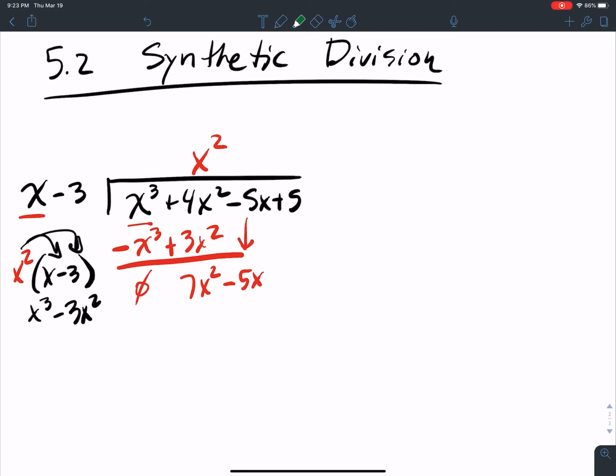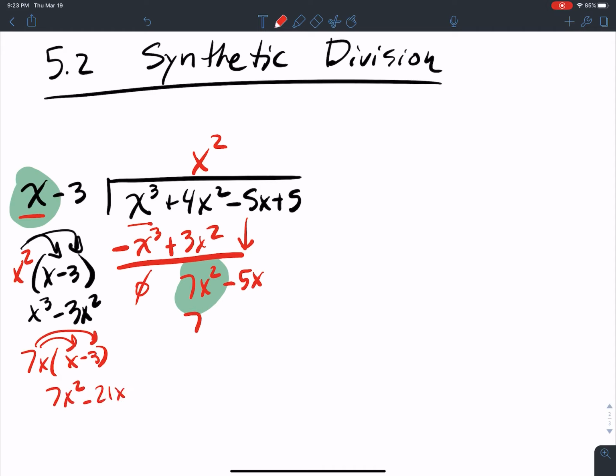What do I have to multiply x by to get 7x squared? Well, 7x times x minus 3 gets me that, I think. 7x squared, and then minus 21x. So what did I multiply? 7x.